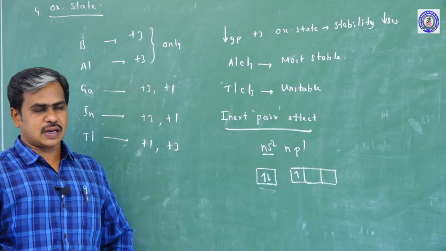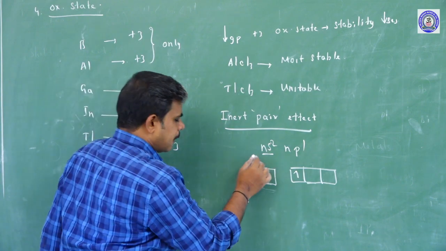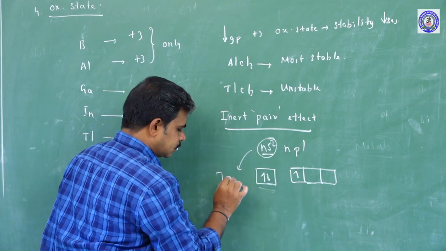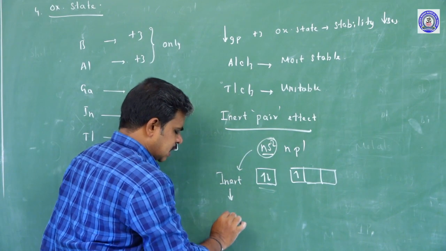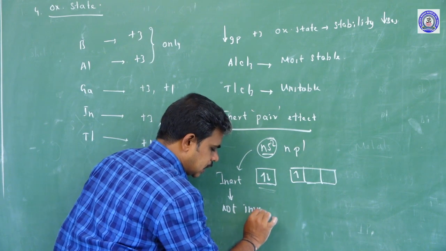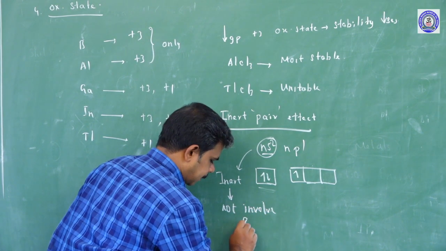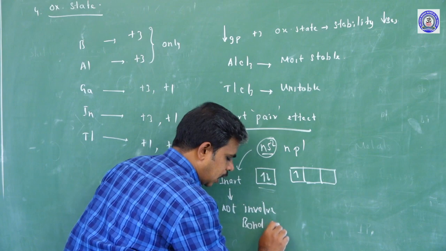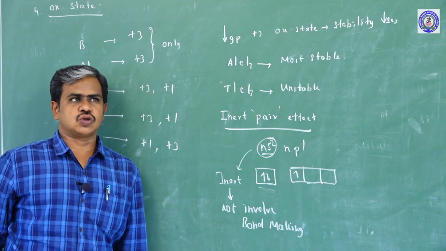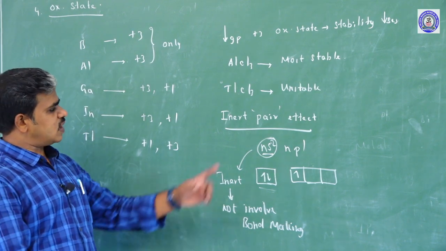This pair of electrons becomes inert, not involved in bond making, and that is known as the inert pair effect. So, what is the definition of the inert pair effect?